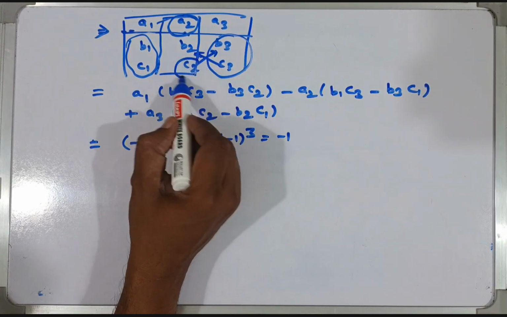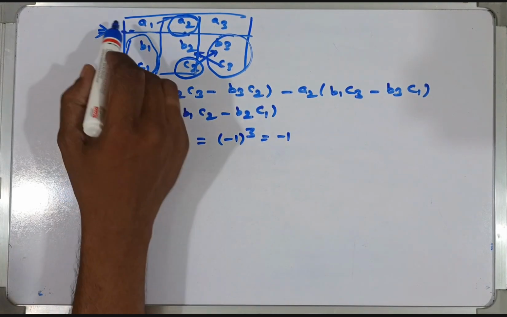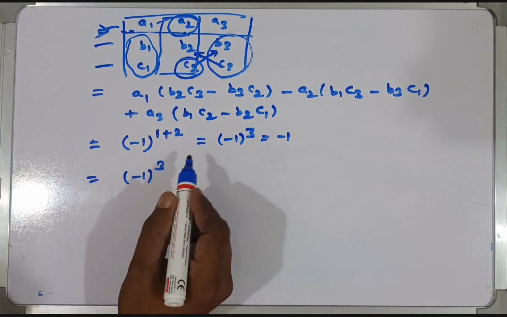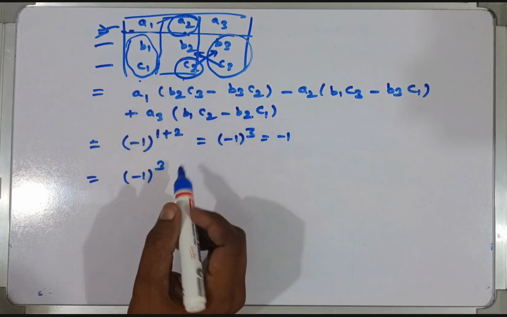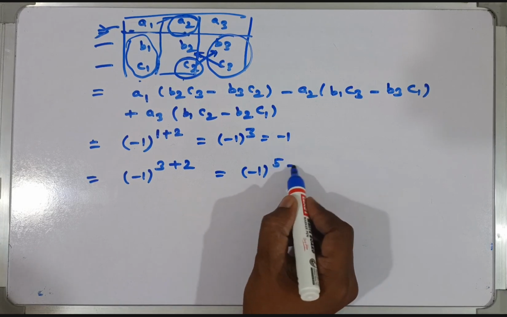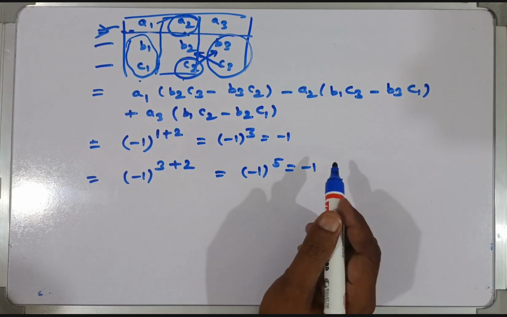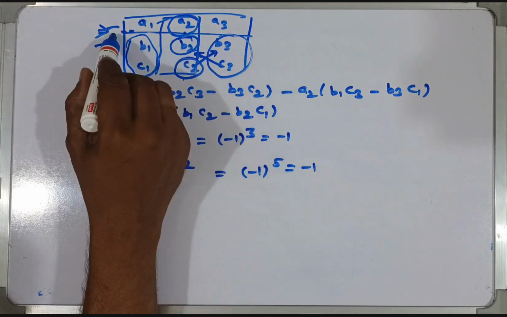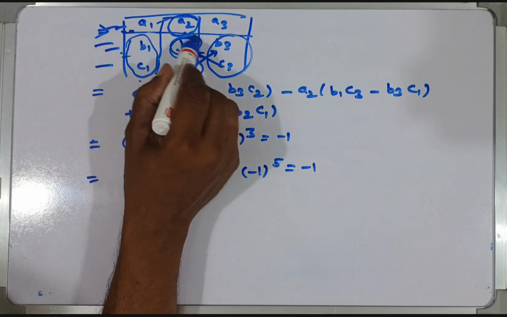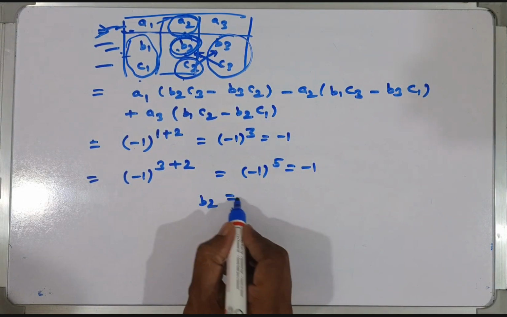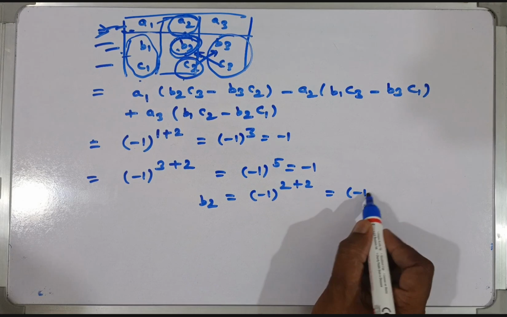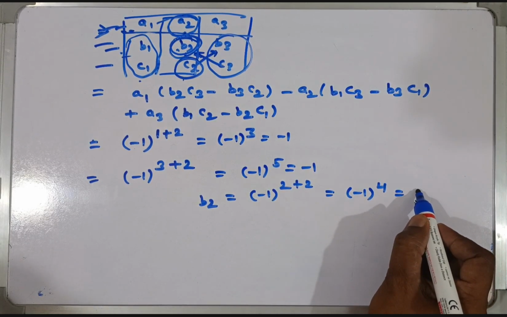So for this one guys, what will become? So this one 1 2 3, 3 row, so we write first 3, then we move 2 rows, so this will be plus 2. So minus 1 to power of 5 equal to minus 1. Okay, for this one guys, 2 row, 2 column, so we reach here for b2. So for b2, multiplying factor will be minus 1 to the power 2 row, 2 column, so this one equal to what guys? 1.